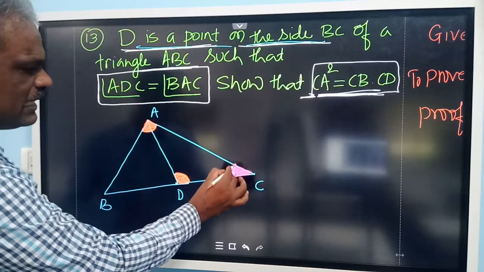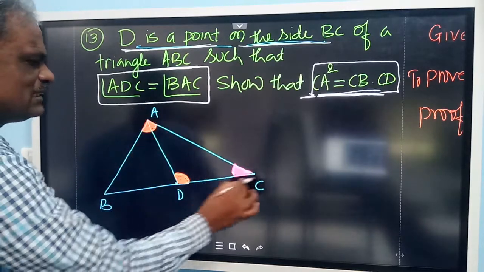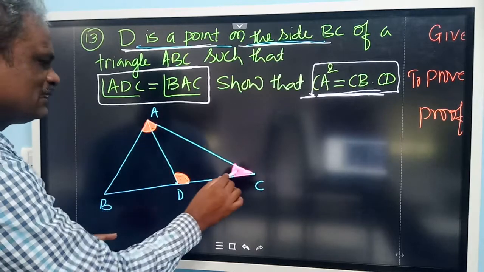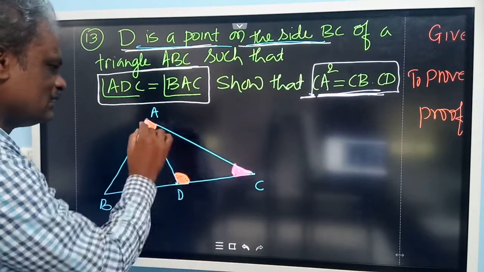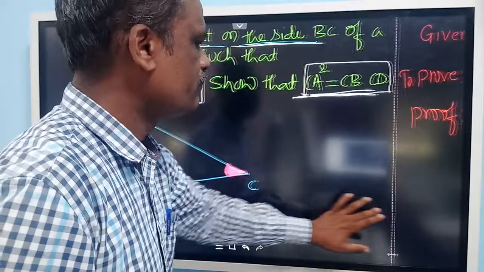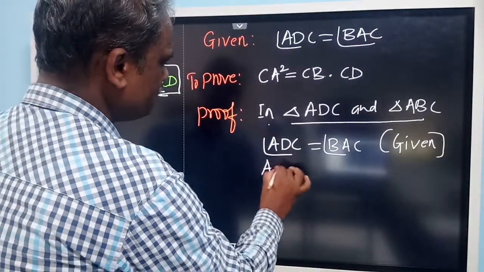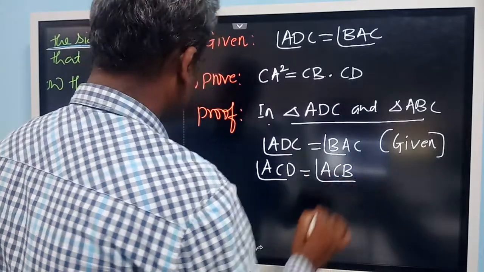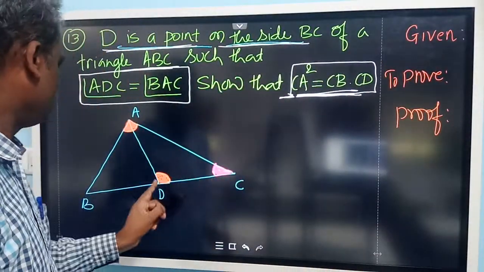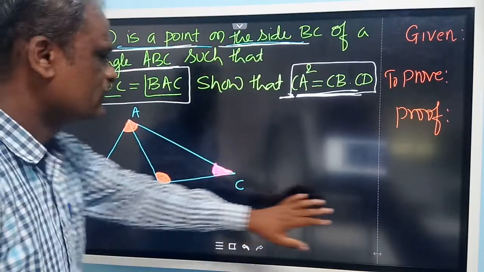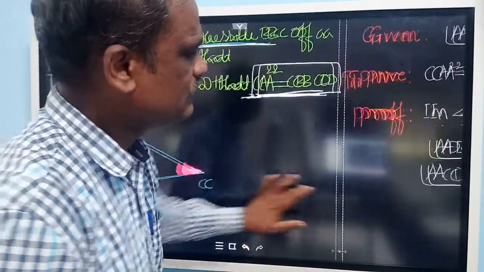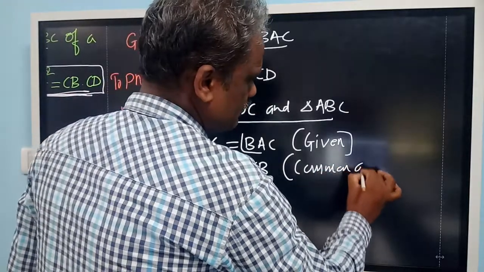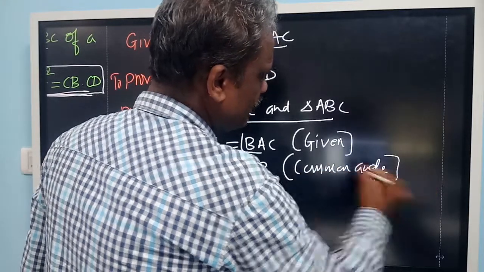In ABC we have angle C, and in ADC also we have angle C. So therefore, I will write angle ACD is equal to angle ACB. Look at this, ACD and ACB. This is the common angle in both the triangles.